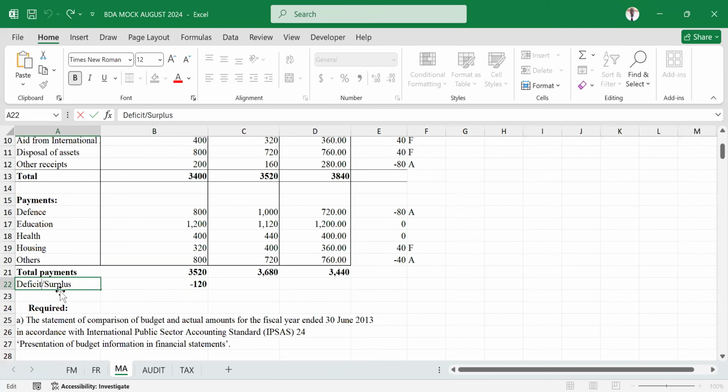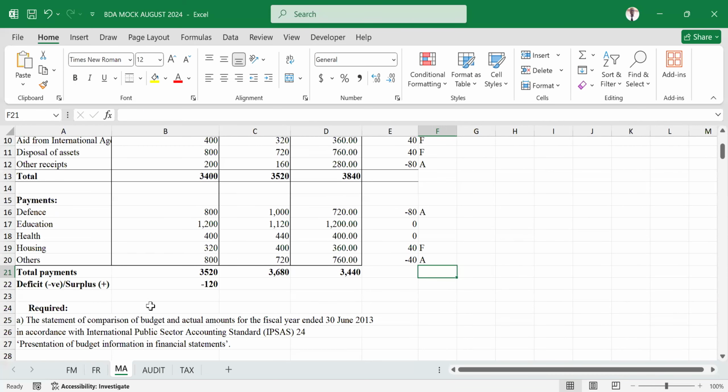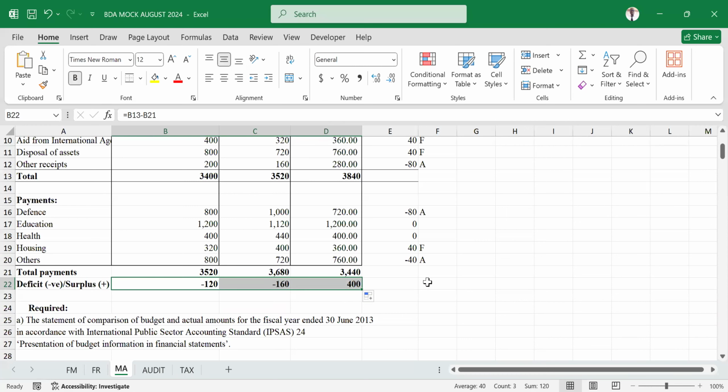So deficit will come as a negative, and surplus will be positive. I'm just putting up those signs there for somebody to correctly interpret. When you get a negative, that is a deficit. When you get a positive, that is a surplus. So I will do that to the end. And now we have the figures there like that.